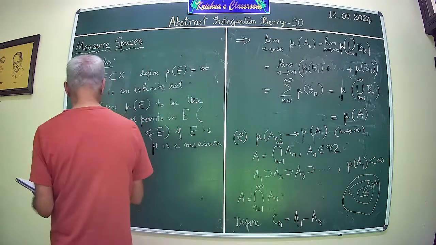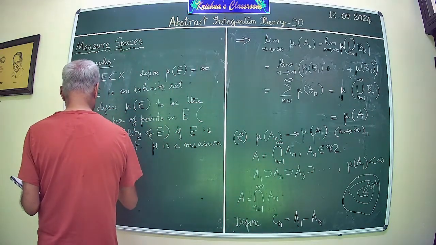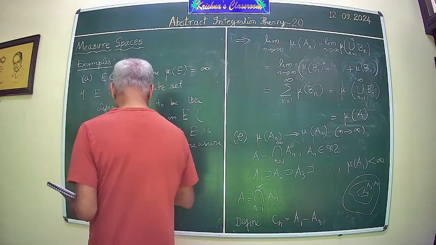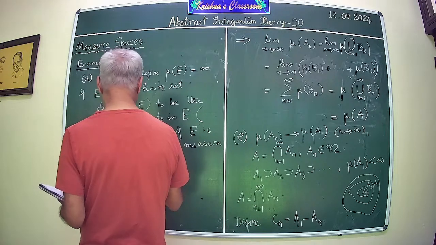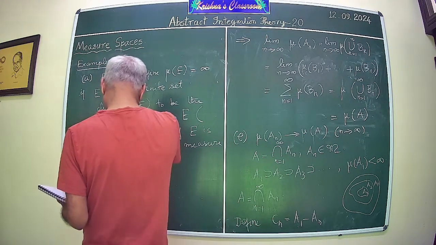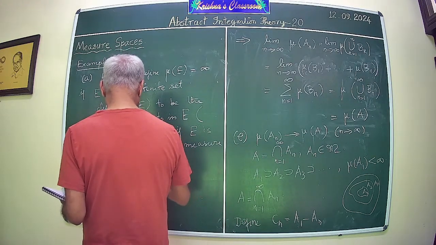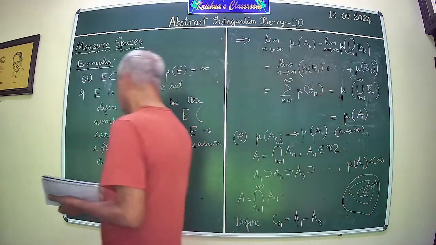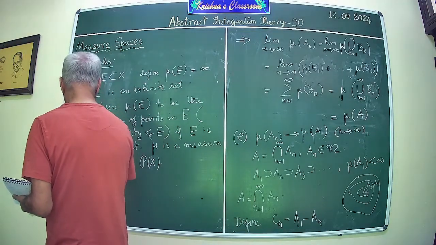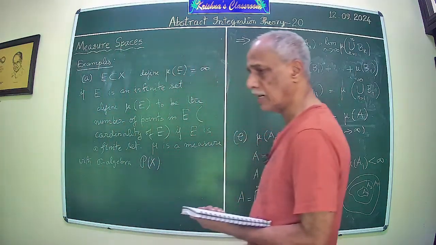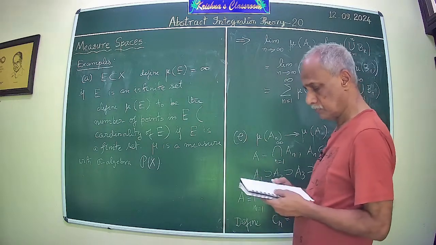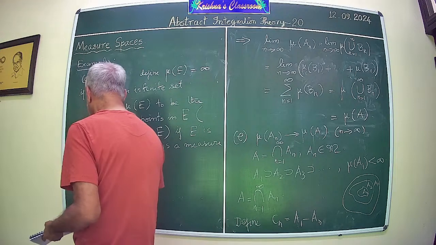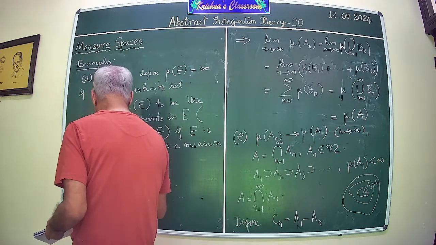With the sigma algebra taken as the power set of X, you can verify that all the conditions are satisfied. Then mu is called the counting measure.